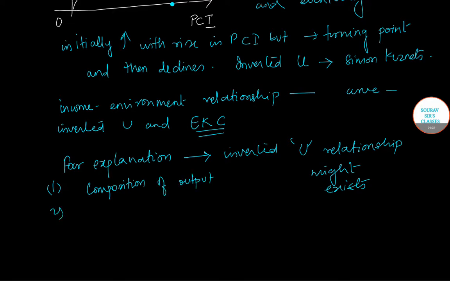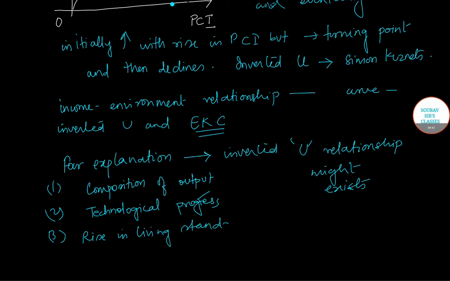Number 2, technological progress. Number 3, rise in living standards. And lastly, number 4 is the transboundary externality.